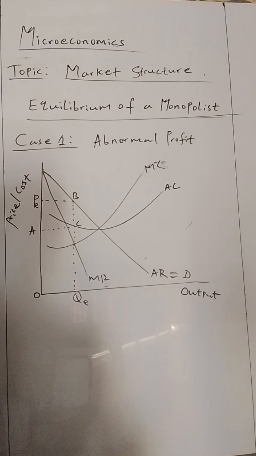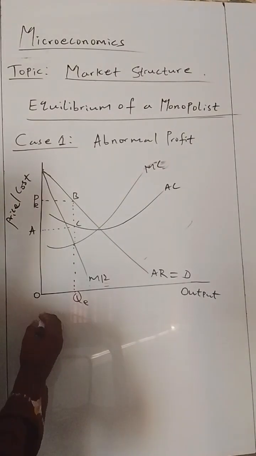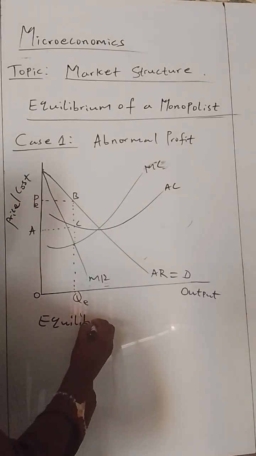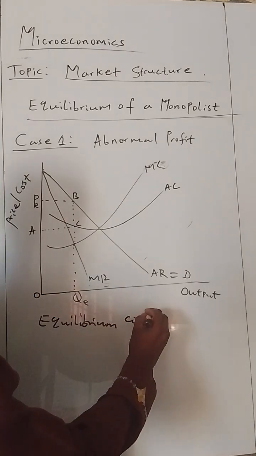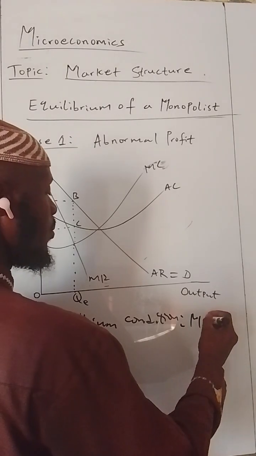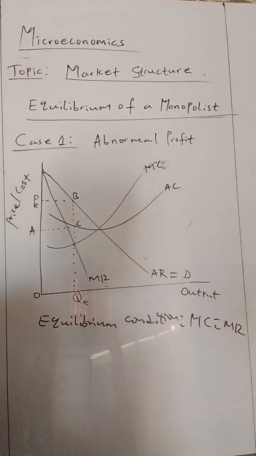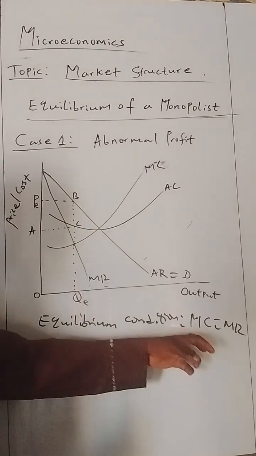Now, how do we determine the equilibrium of a monopoly? Generally, the equilibrium condition for any firm is MC equals MR. That is, a firm is in equilibrium when MC is equal to MR. Whenever we see a diagram like this, what should come to our mind is the equilibrium condition.